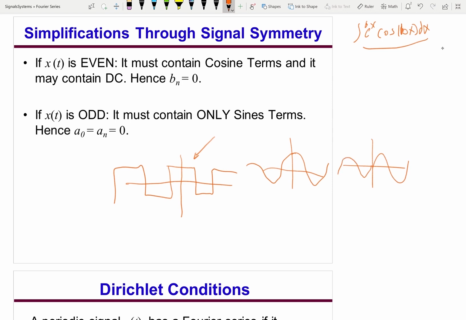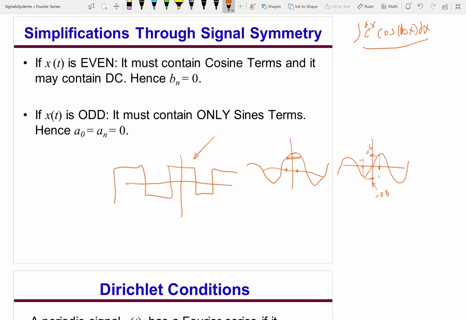Odd means that if I go to 1 here and minus 1 here, the amplitude at 1 will be negative. So if this was 0.8, this will be minus 0.8. For an even function, the value at positive t or negative t will be the same as long as the magnitude is the same.